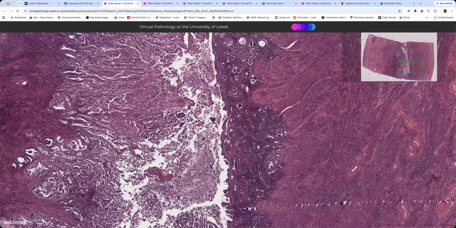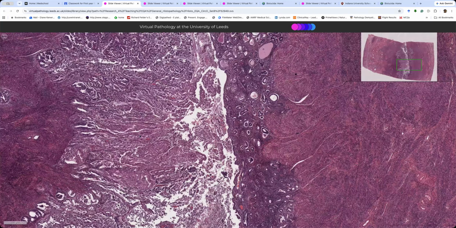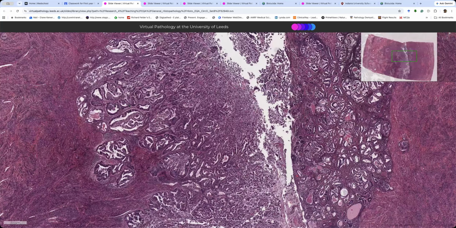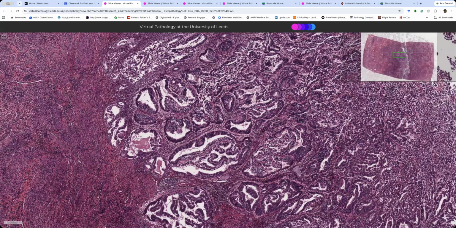Okay. So over here, this bit, I'm going to run through them. Are the glands overly complex? Yes, they are. They have these bars around them. Is there the string sign? Yes, there is. There is a string sign between these glands.